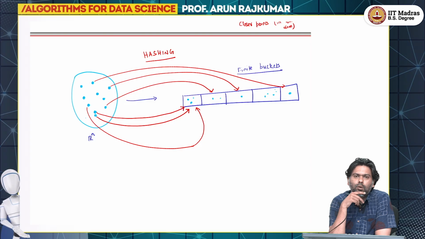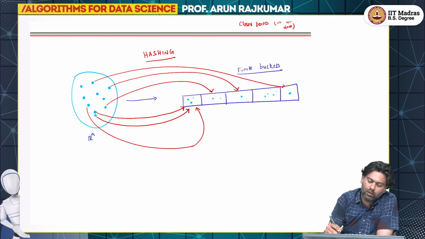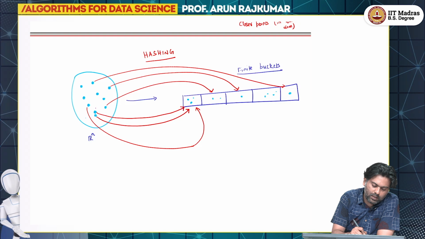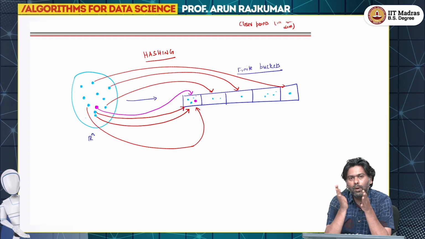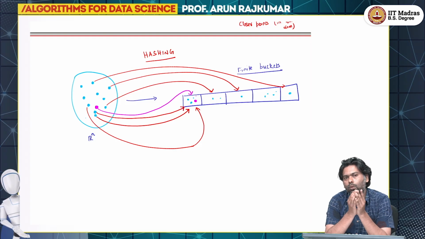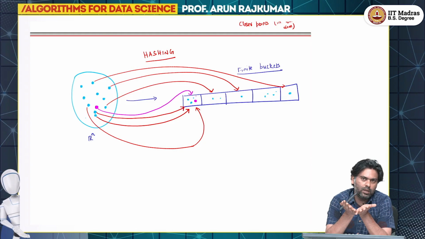What is the idea now, right? The idea is now I get a query point, right. Now, I am going to do the mapping for the query point also, see which bucket it falls in, and that bucket already has a bunch of data points. I am going to only look at the points in that bucket, measure distances for those points, and find the nearest neighbor among points in that bucket, right.